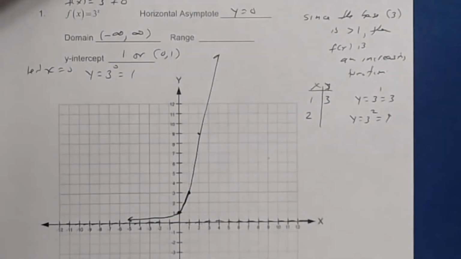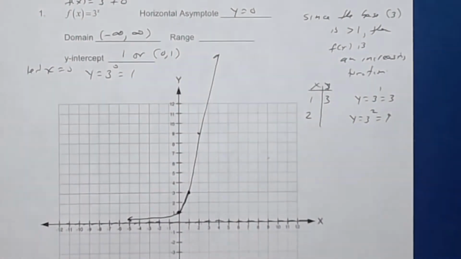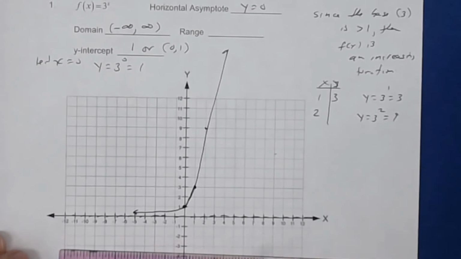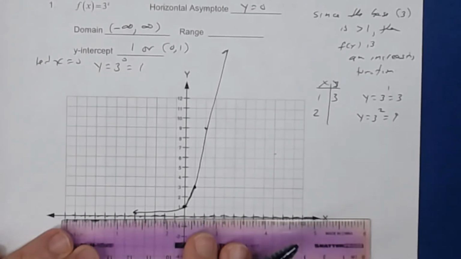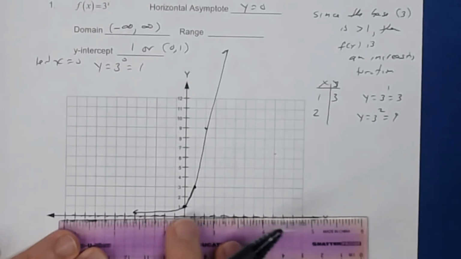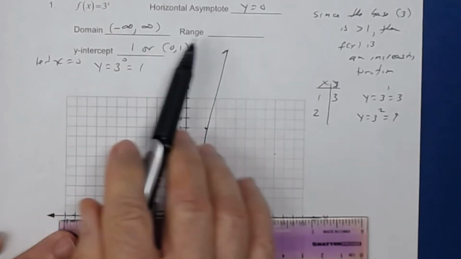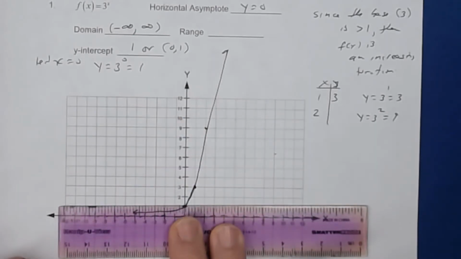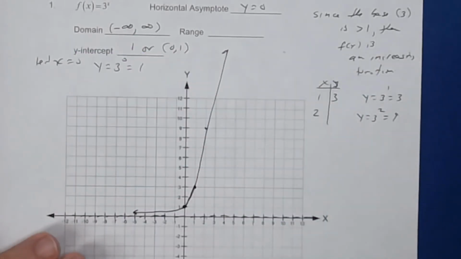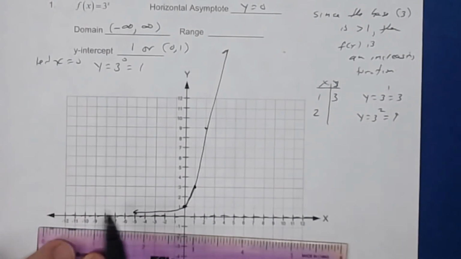Now, to do the domain, just do it like you did with previous graphs. You take your ruler, and you know that you start touching the graph, so to speak, at the horizontal asymptote. All right, so the horizontal asymptote is what y value? Well, that's 0. That comes from here, right? So you're going from 0 to infinity. Now you have to remember that that's a horizontal asymptote.